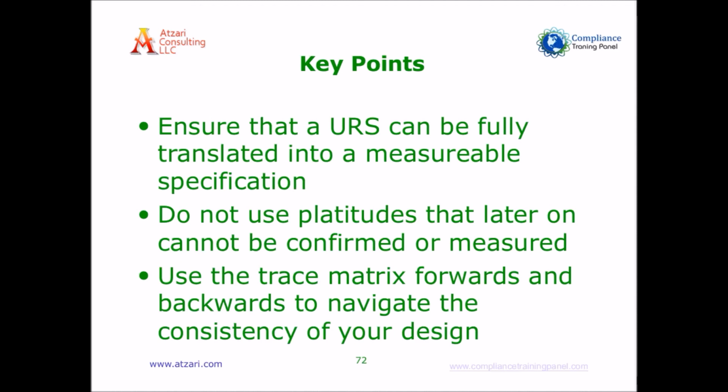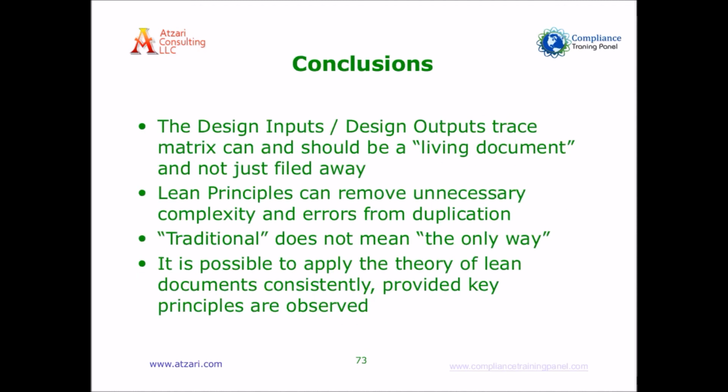You don't want to use platitudes that later cannot be confirmed or measured. You want to be able to use the trace matrix forwards and backwards to navigate the consistency of your design. So in conclusion, the trace matrix can and should be a living document. It shouldn't be something you do at the very end and then file it away.